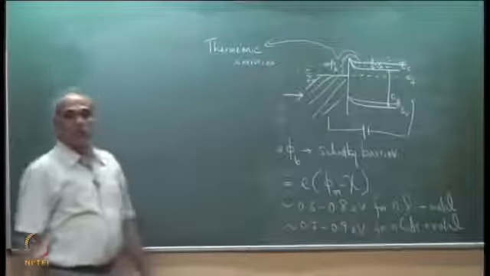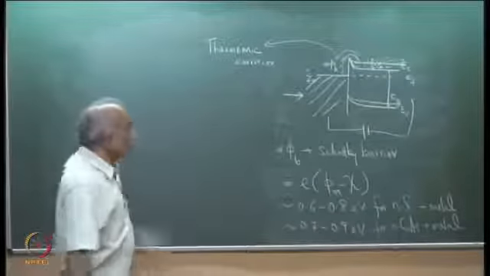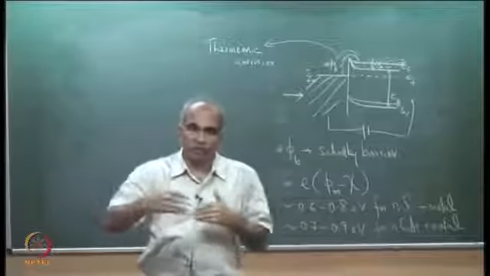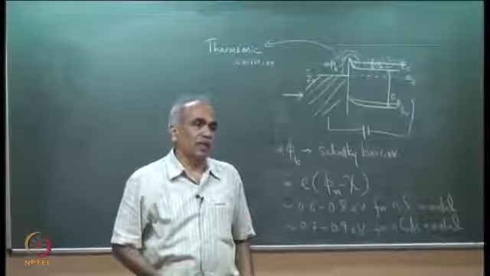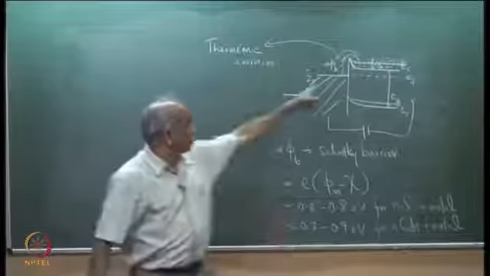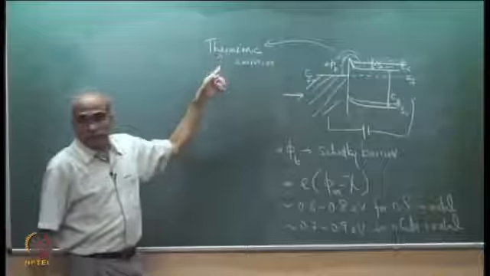We have studied thermionic emission where electrons are emitted from a heated filament. It does not necessarily need to be emitted out of the material, it has to come out of a barrier. There is a potential barrier, and jumping over a barrier is actually thermionic emission. Not necessarily that you leave the material and go. So this is jumping over a barrier, hence the name thermionic emission.